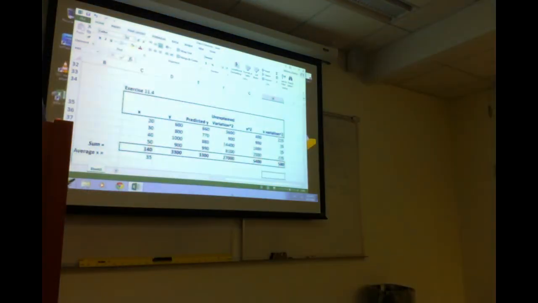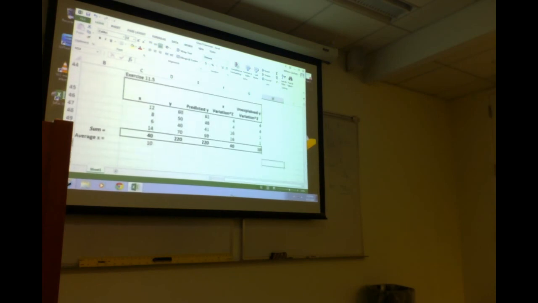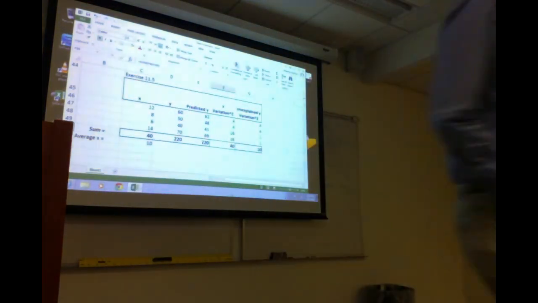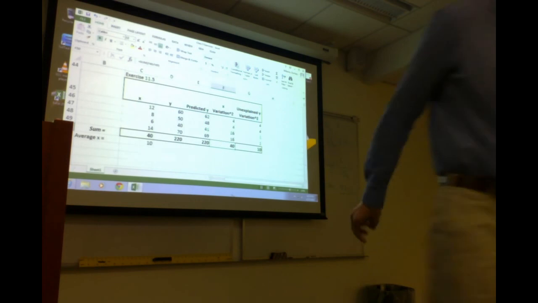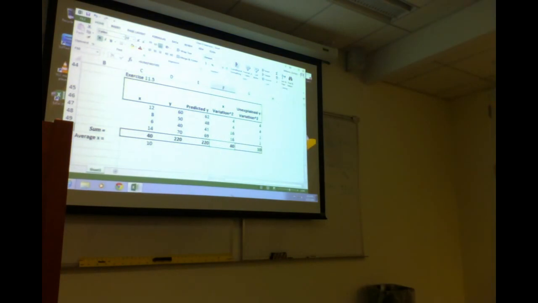So for 11.5, let's see what I had. Yeah, divided by 40. So that x minus average x squared added all together is going to give us 40. So the SB is going to be 0.354.